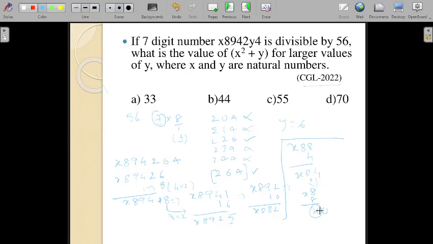So x cannot be 0 and x should be divided by 7, then only we can say the whole number can be divided by 7. So here we can say 7, then 70 can be divided by 7. Okay, so what is the value of x? x equal to 7 and y equal to 6. So x square plus y equal to 49 plus 6, 55.